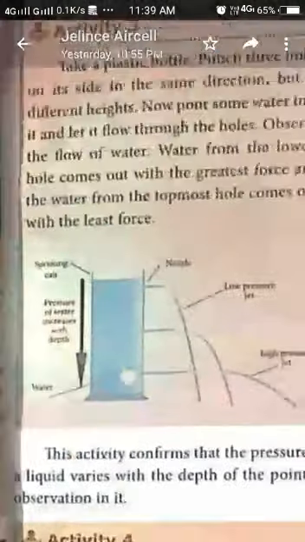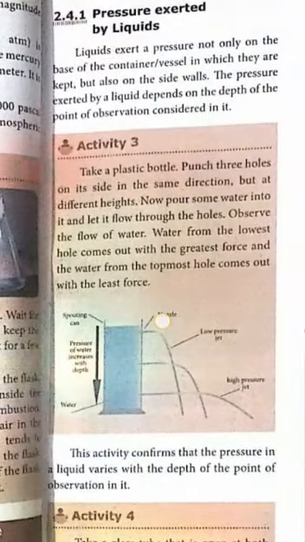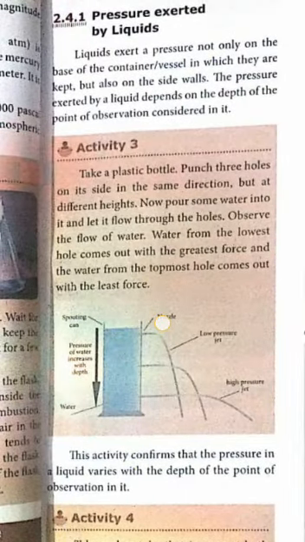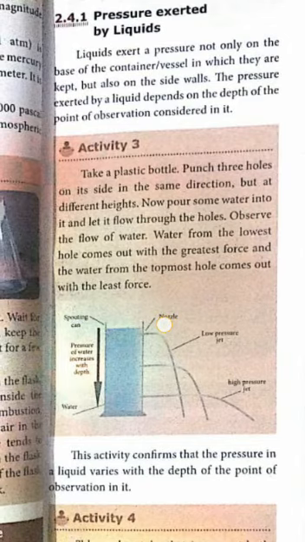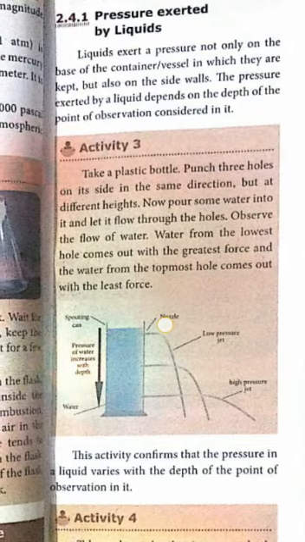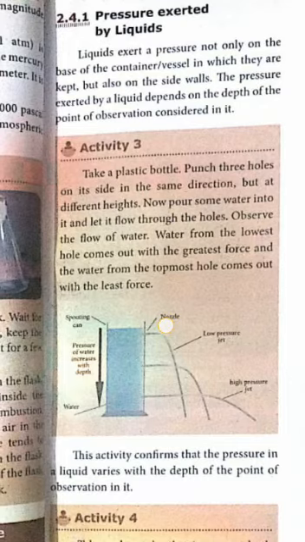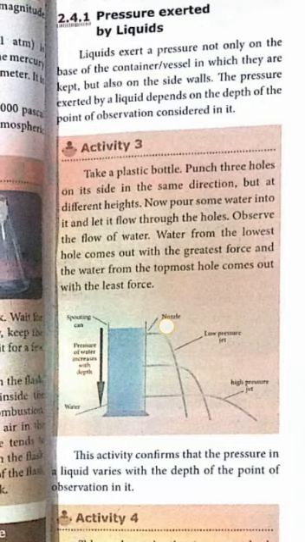Now let us see one experiment for pressure exerted by liquids. Liquids exert pressure not only on the base of the container in which they are kept, but also on the side walls. Liquids exert pressure on the bottom of the container as well as on the side walls of the container.